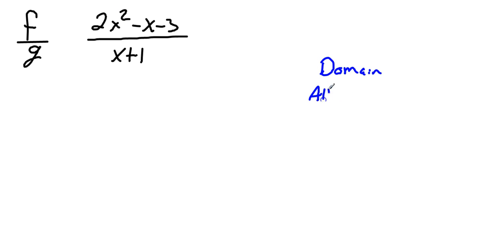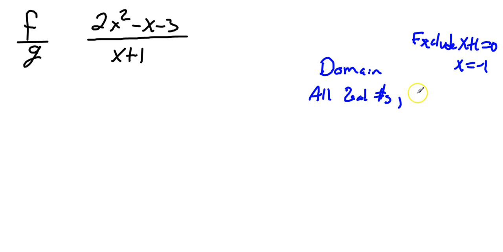The numerator is all real numbers, but the denominator, we're going to set x plus 1 equal to 0. So your domain would be all real numbers except for negative 1.